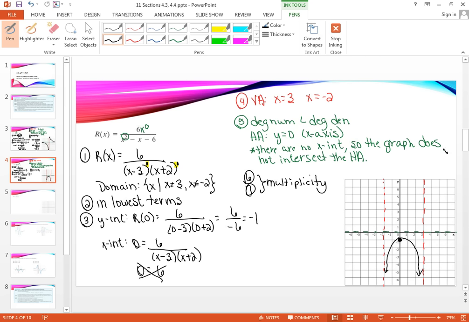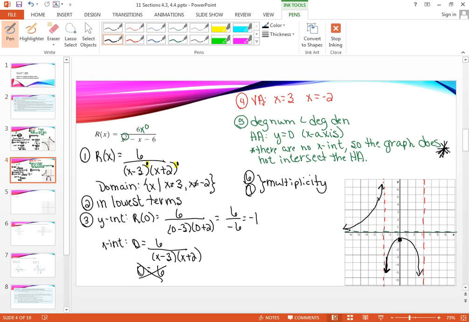I've already checked that. I don't have an x-intercept, so I can't cross the x-axis. So if you've looked at this piece with the multiplicity, and you see that it's running down on the right-hand side of the vertical asymptote at -2, what that says to you is it has to go up on the other side. So it's going to go something like this because that's all it can do.